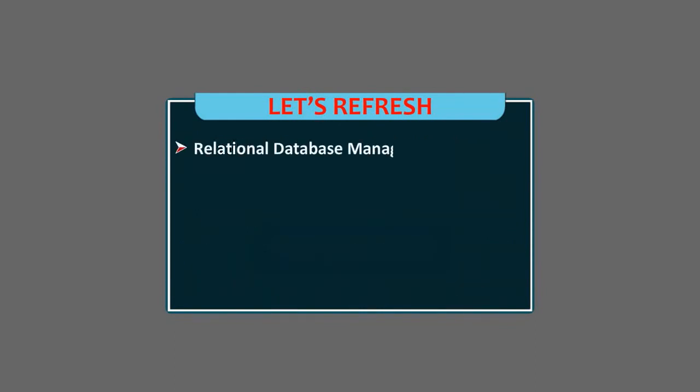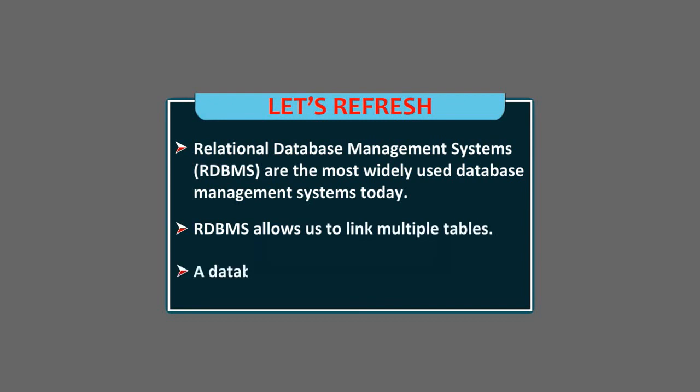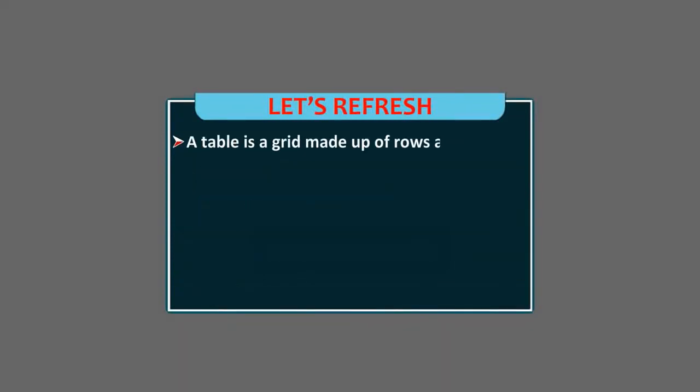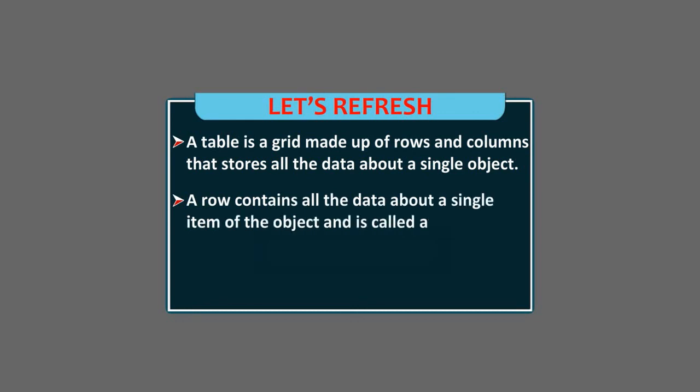Relational database management systems, RDBMS, are the most widely used database management systems today. RDBMS allows us to link multiple tables. A database is a collection of elements called objects. A table is a grid made up of rows and columns that stores all the data about a single object. A row contains all the data about a single item of the object and is called a record.